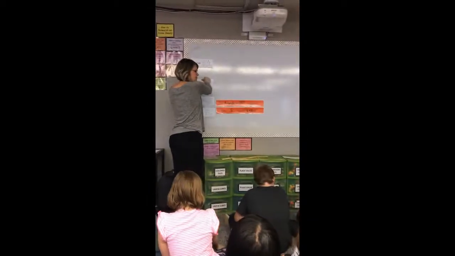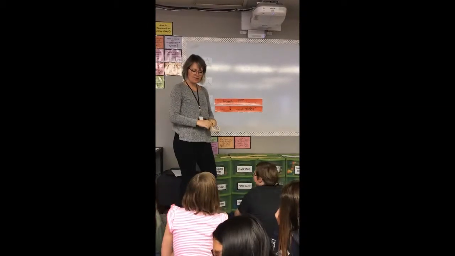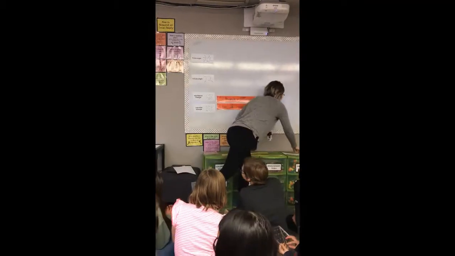I want you to look at your triangles and see how many acute angles you find in your triangle. Hold up a finger for how many you find. If you find two acute angles, hold up two.